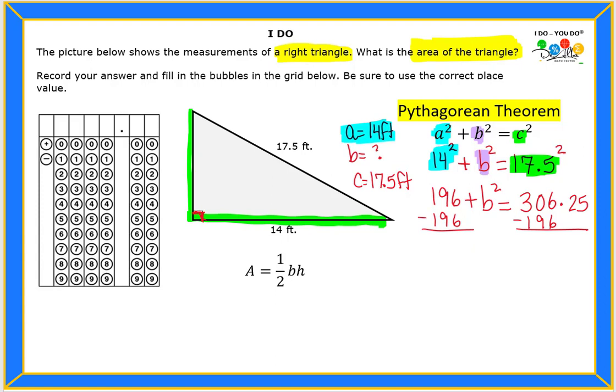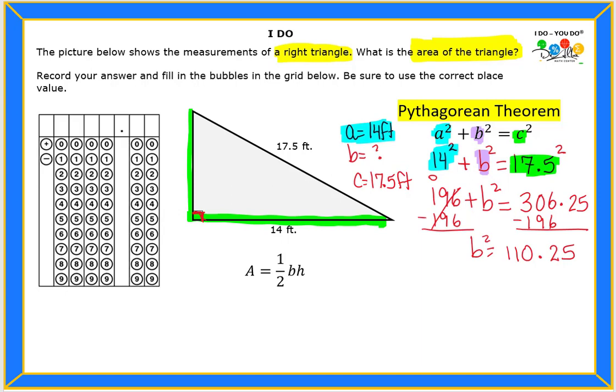So let's continue. 196 minus 196, it's 0. So I get B squared equals 306.25 minus 196 gives me 110.25. Now that's not my answer, because B, I'm looking for B by itself, not B squared.